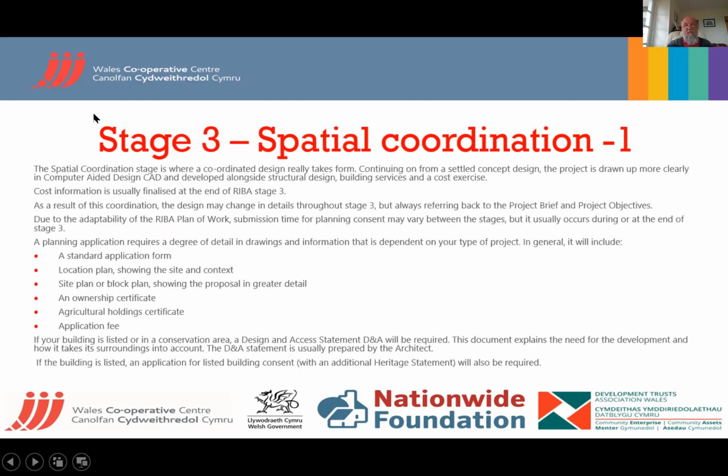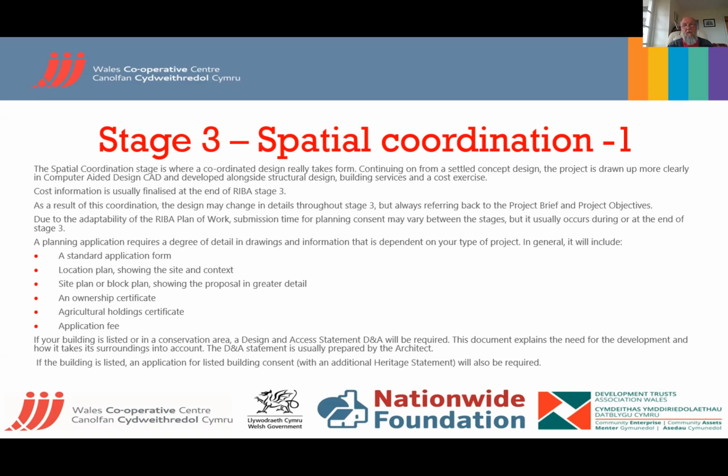So the next stage, stage 3, is spatial coordination, and this is where you work out how they all relate to each other, and also relate to the outside spaces and other buildings. Some of you may have been on a placemaking seminar that we did. It isn't about the buildings, it's the place that they make, the space in between.